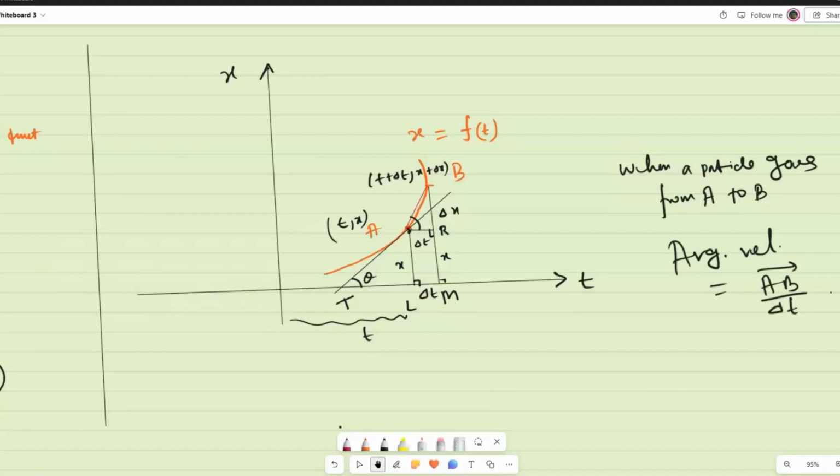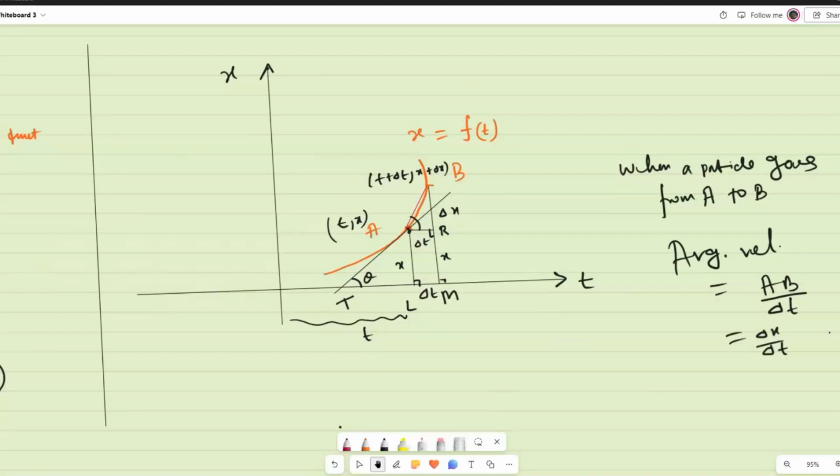I'm avoiding vectors now because we're considering motion in one dimension only. AB by delta t, where AB is the displacement that you understand from the graph. This is nothing but delta x by delta t. So average velocity we have defined.